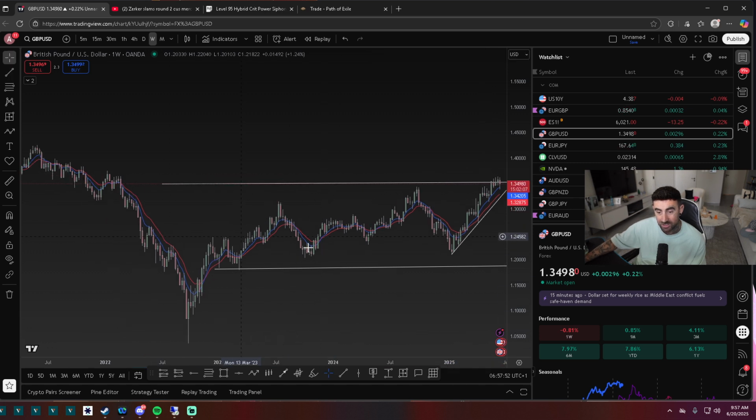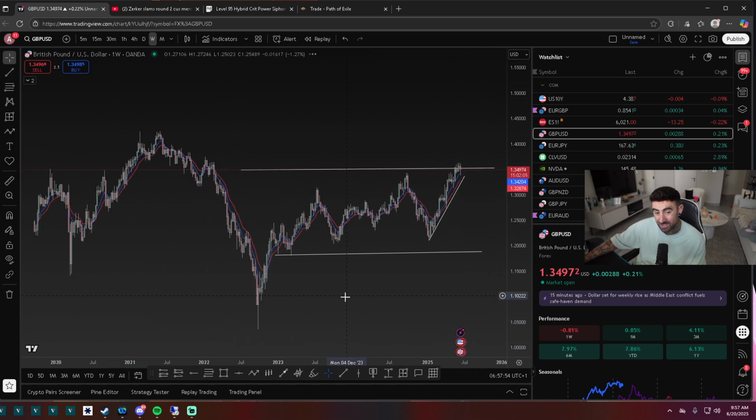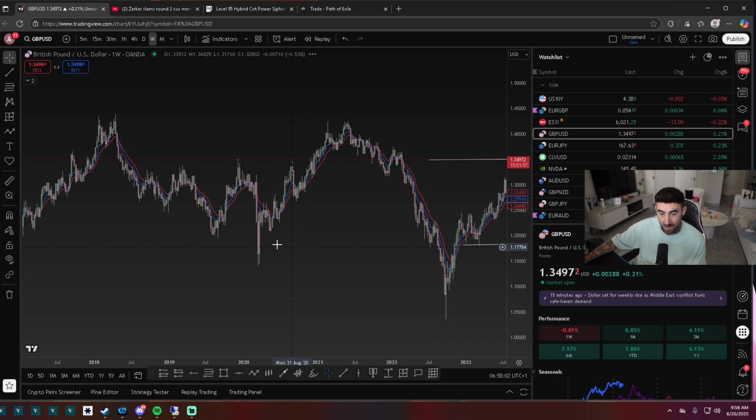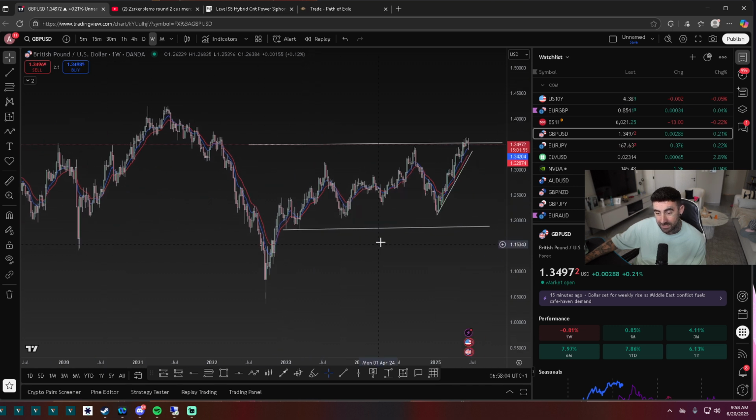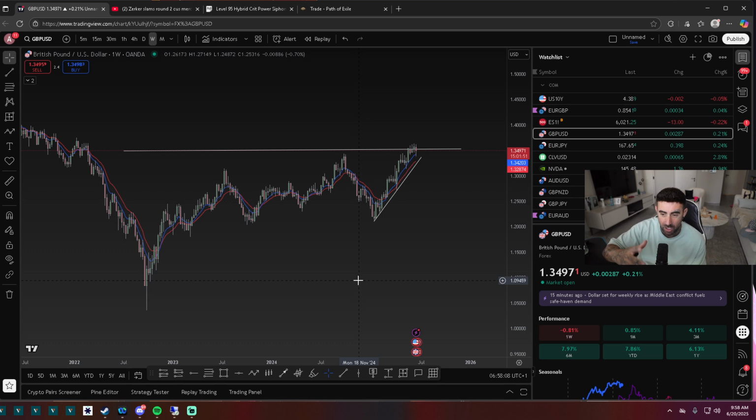So this is not a trending market, it's a sideways market. Here is a trending market because it is flowing downwards. Here is a trending market, it's flowing upwards.